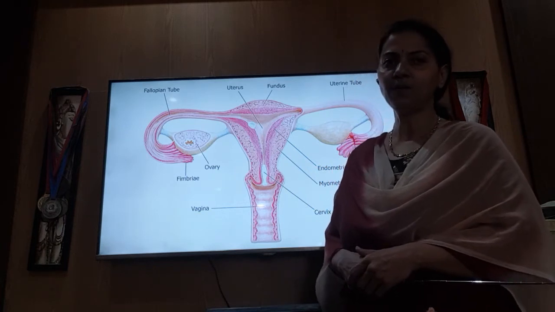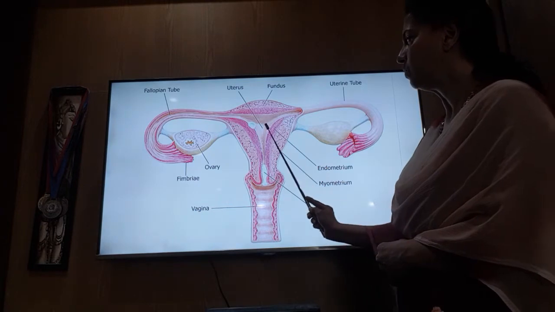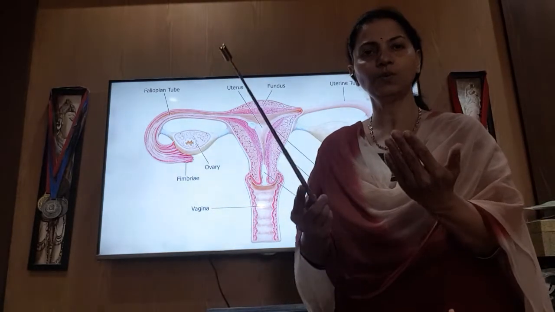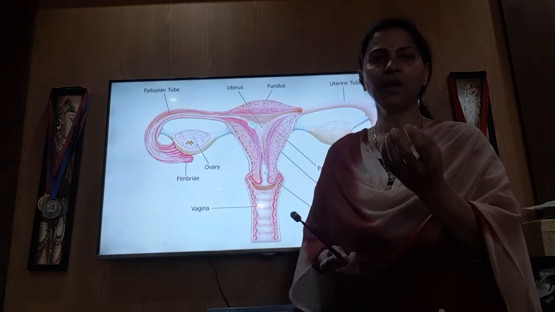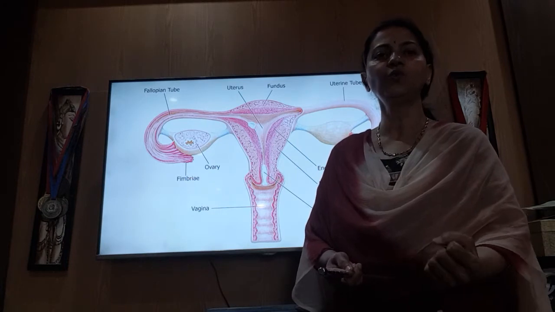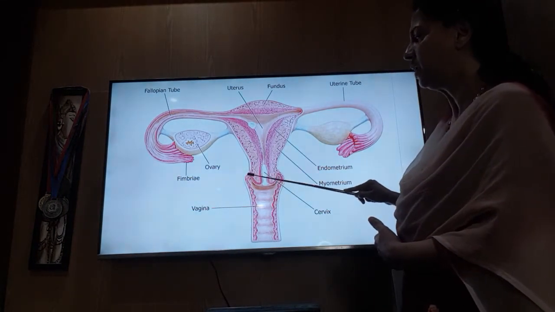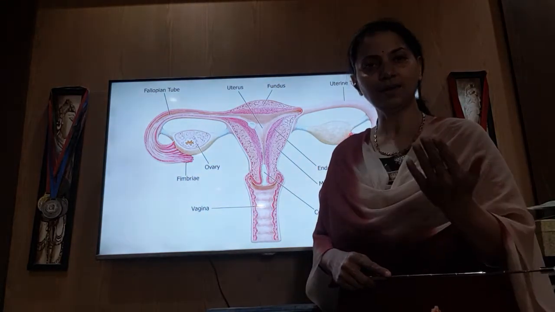The relations now are very simple. Anterior to the uterus, cervix and vagina, anterior to all these structures is the urinary bladder, and below the urinary bladder is the urethra. So the upper part of the vagina is related to the urinary bladder, and the lower part is related to the urethra anteriorly.